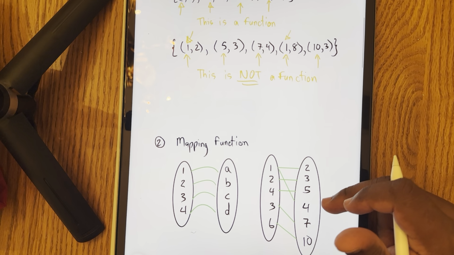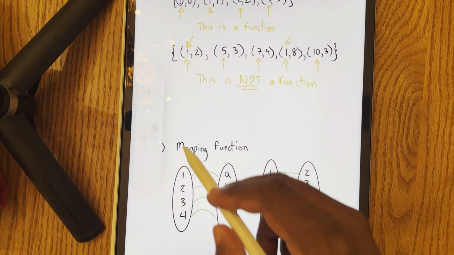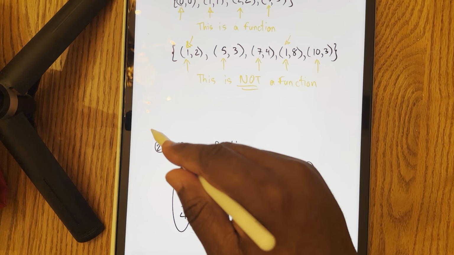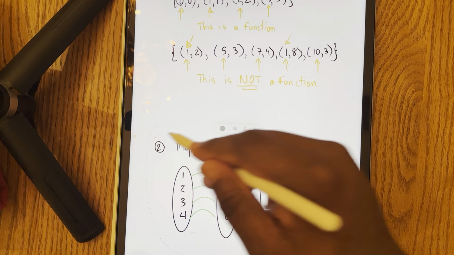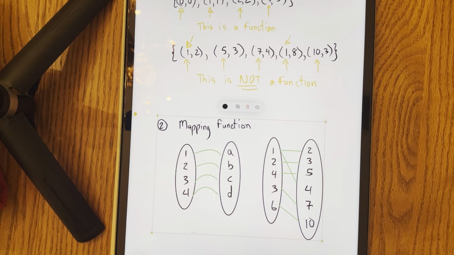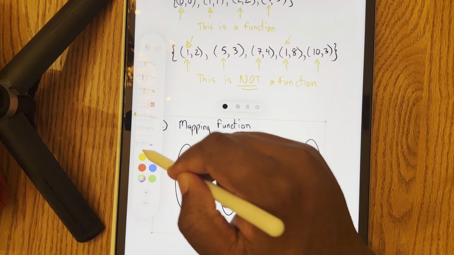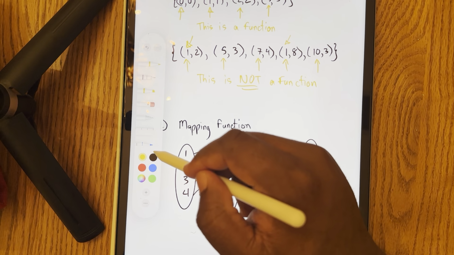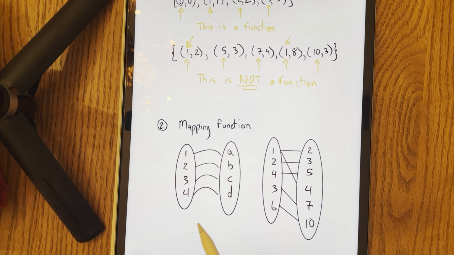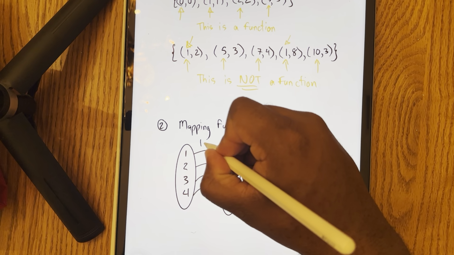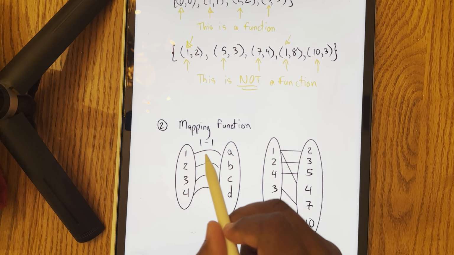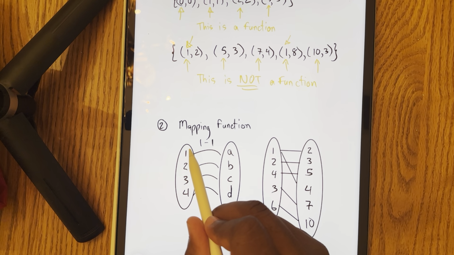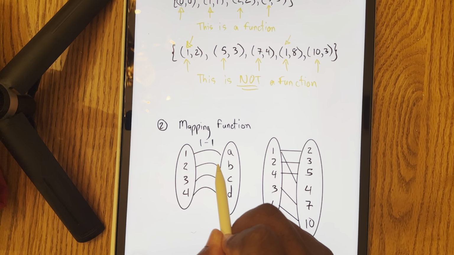Mapping. With mapping, it's the same concept: you're looking for repeating x values. It's just presented to you in a different format. So let's take a look. In the first one, this is what we would call a one-to-one mapping, because each term in your first set maps to one term in your second set.